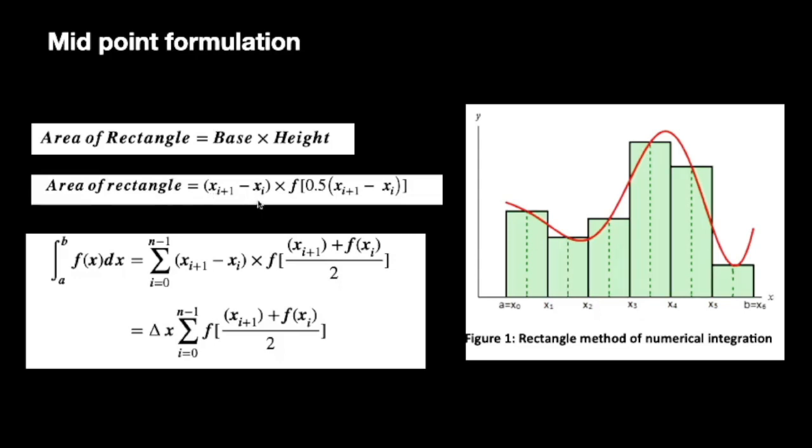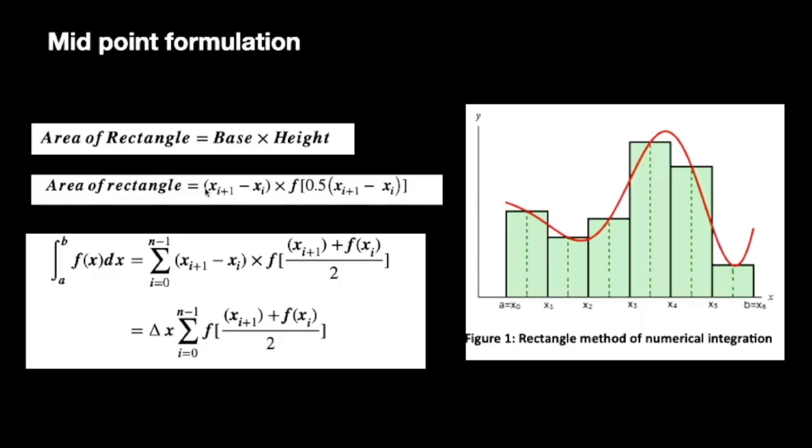How to get the width of the ith strip? It is x(i+1) minus xi. So if you take any strip, suppose I'm looking at this strip, the width of this strip is x3 minus x2. Or if you're looking at this strip, then the width is x5 minus x4.